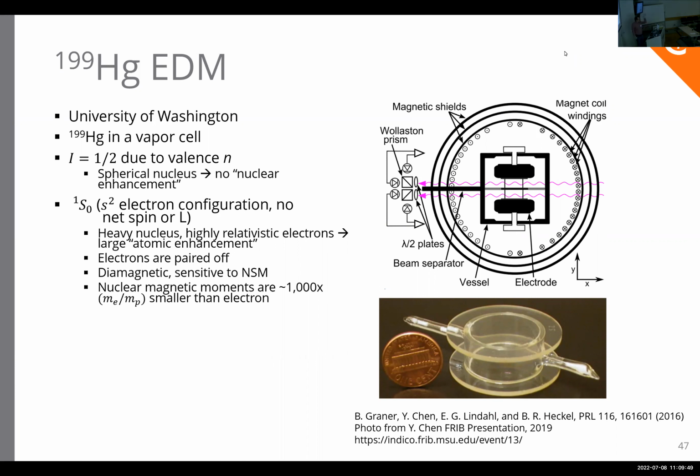So it's not in the second column, but it has a basically identical structure to things in the second column of the periodic table. A filled s orbital where the electrons are paired off, so there's no net electron spin. There's also no electronic orbital angular momentum because they're s orbitals. So in some sense, the electronic cloud around the mercury atom is super inert and non-interactive. It's very stable, very closed, very insensitive to everything.